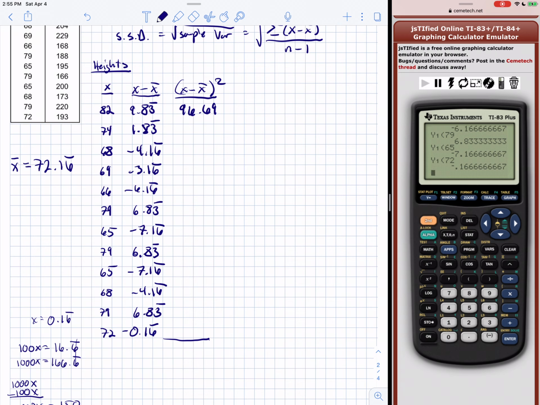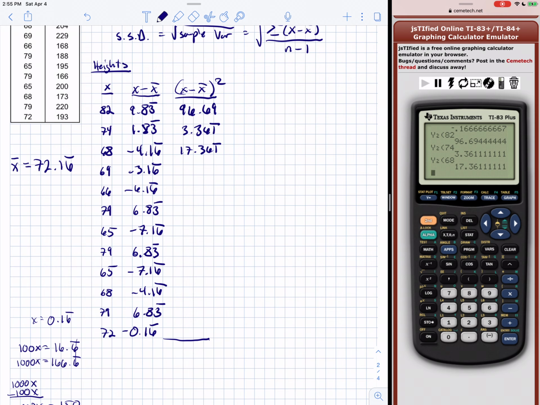So let's test the first one. If we go to variables, and I think we type that into y2. So if we type in 82, it should be 96.69. Okay, 82, and then 74, 3.361 bar. Okay, 68, 17.361.